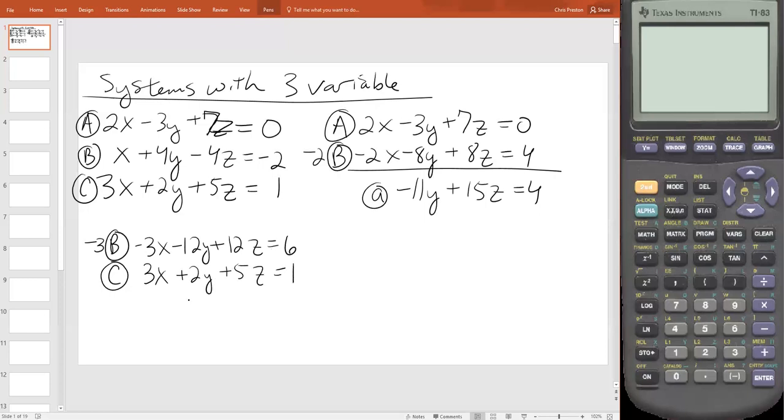We're going to add again. We set this up so the x's would cancel out. We get negative 10y, positive 17z equals 7, and this is going to be little b.